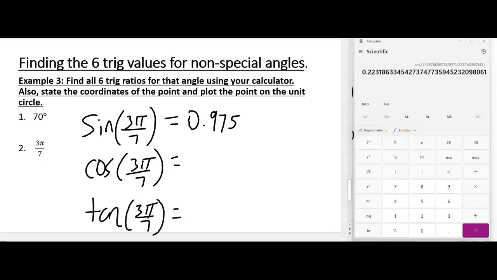And there's that. So that's going to be 0.223. Okay. And finally, we'll do tangent. So 3 pi over 7. And we're going to do tangent. And I get 4.368.